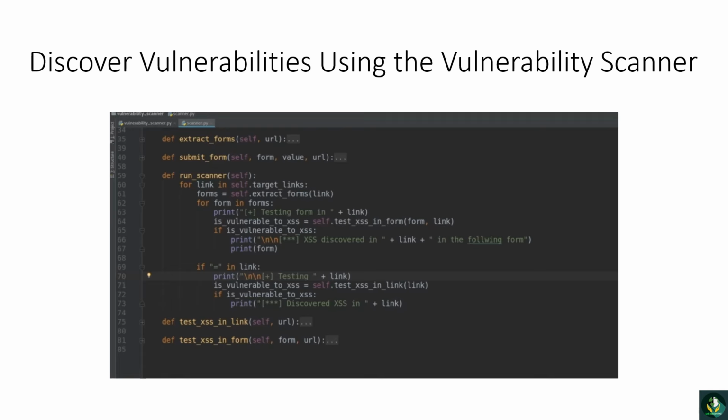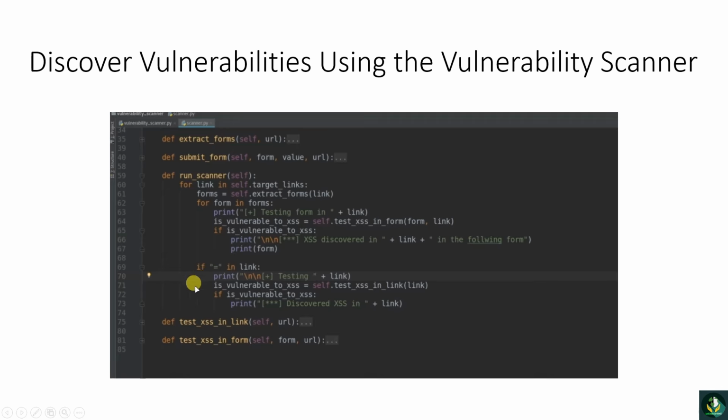So I'm going to say vulnerable to XSS is equal to self dot test XSS in link, and I'm going to pass it the link as the input, which will again return either true or false.